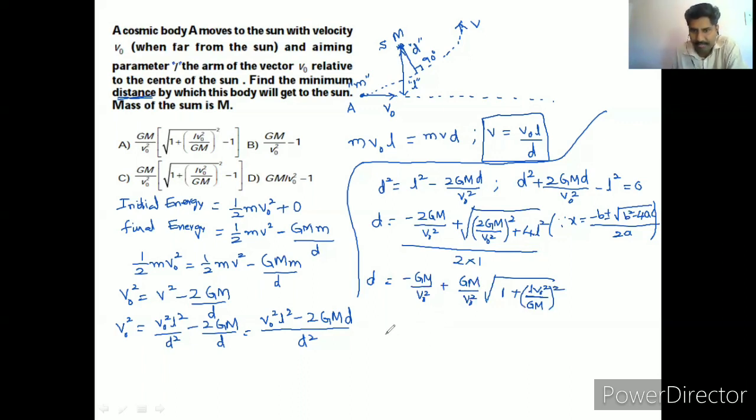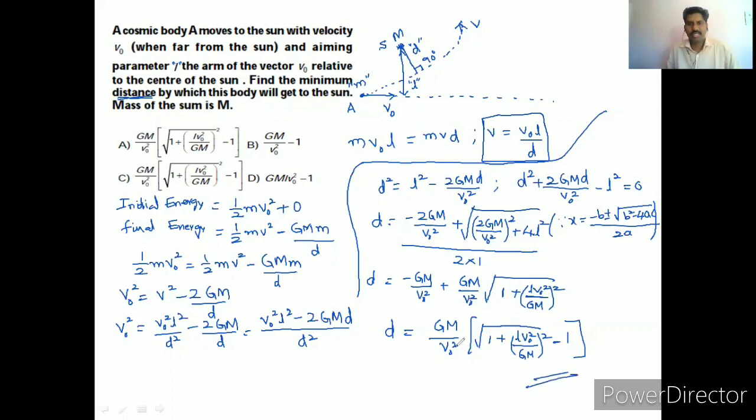In this again I will take GM by v naught square common. So we get under root of 1 plus L v naught square by GM whole square, this term over, so minus 1. So this is the answer.